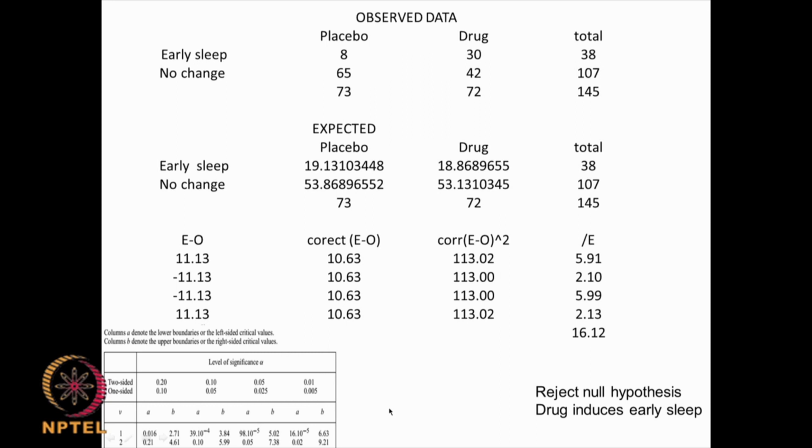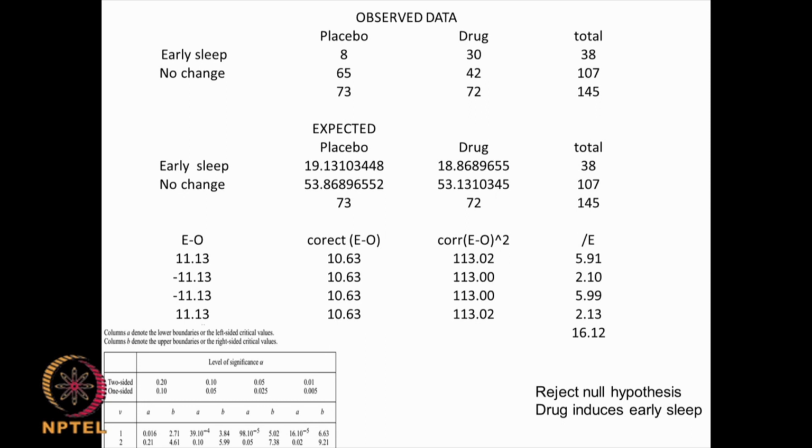Remember that. It is very simple to do. Once you calculate the test statistic, which is a summation of expected minus observed squared divided by expected, you compare it with the table and see whether the table value is greater or less than the test statistic. If the table value is greater, then there is no reason to reject the null hypothesis.